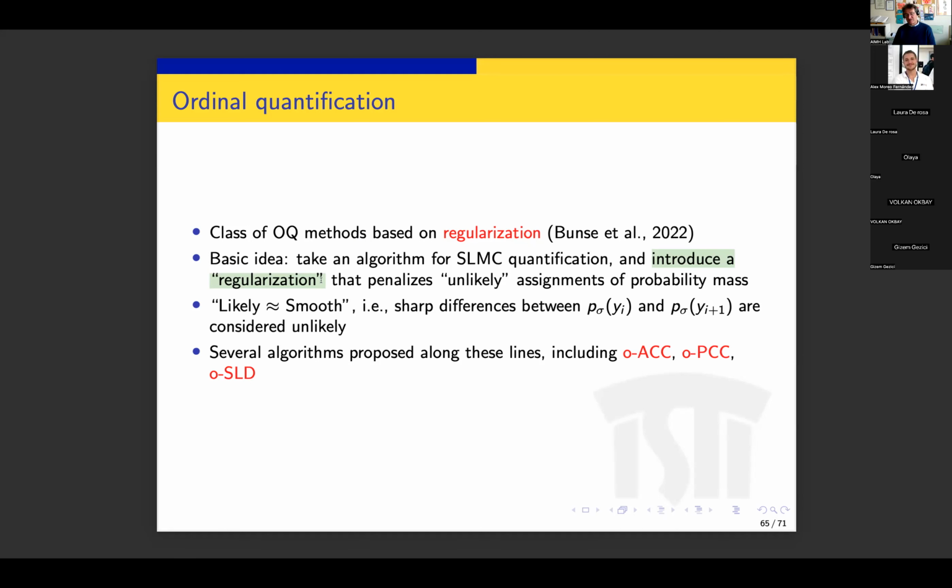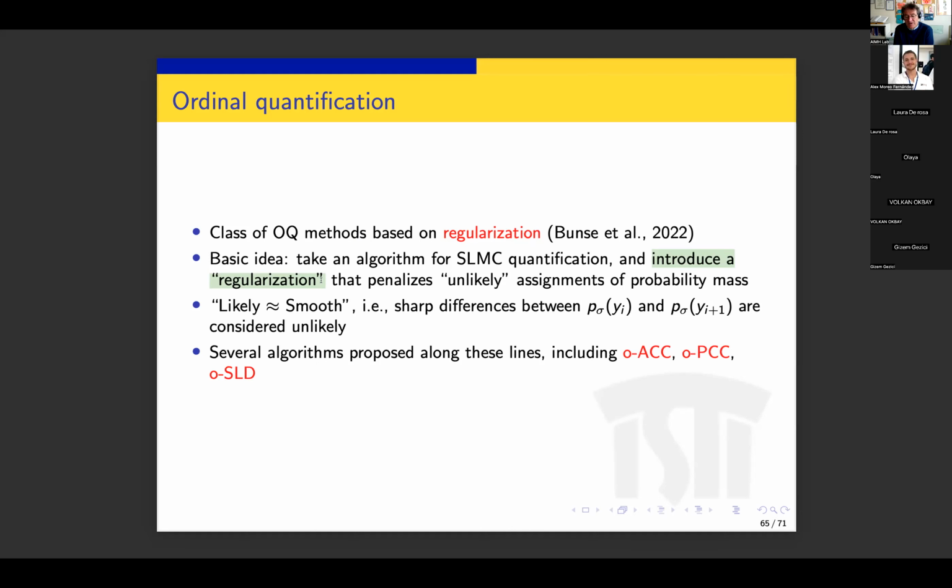Well, the idea here is that an ordinal distribution is unlikely if there are sharp differences between the class prevalence value of one class and the class prevalence value of the next class. Okay, so let's say a probability distribution in which only 10% of the reviews are negative, and 85% of the reviews are very negative, is a bit unlikely.